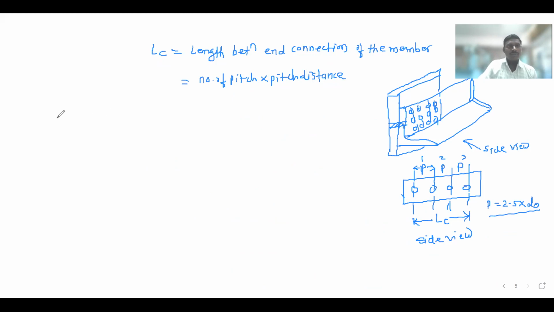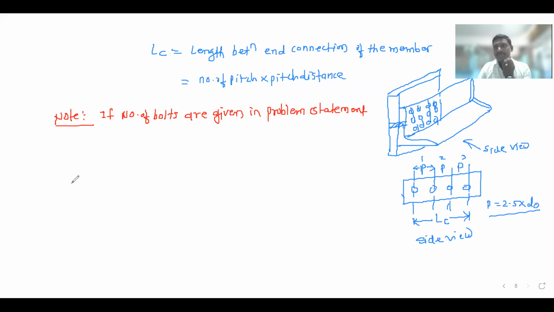this formula is over, but one more condition is there in this formula. Here note, if number of bolts are given in the problem statement, then how to calculate design strength due to rupture for angle, a different formula is there.